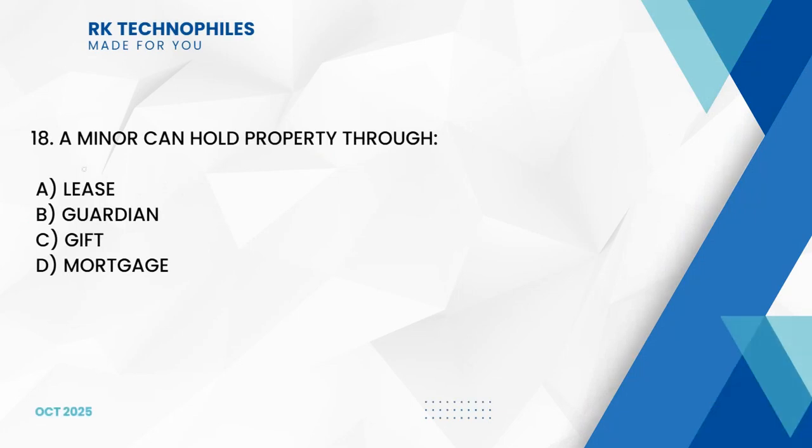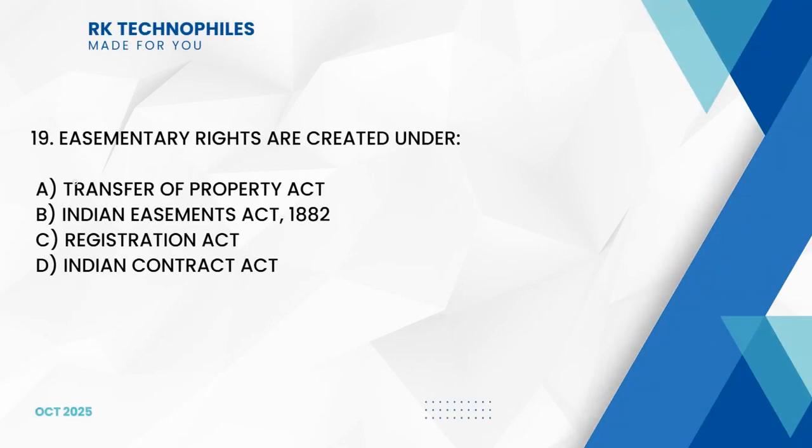A minor can hold property through a guardian. Easementary rights are created under the Indian Easement Act 1882.